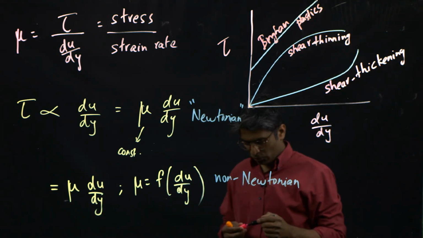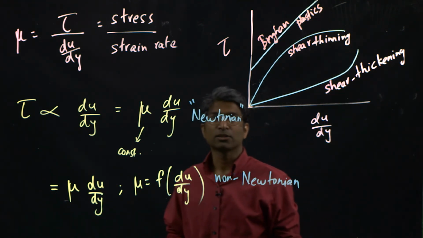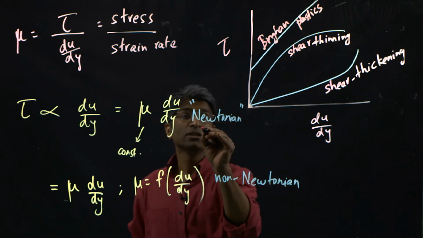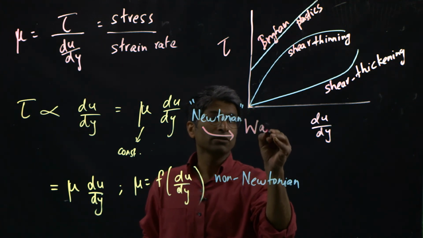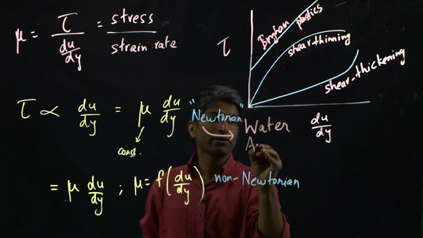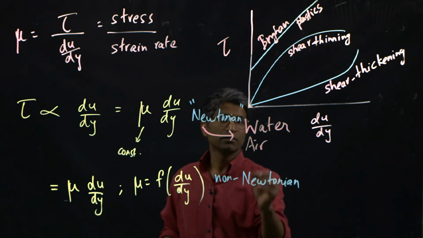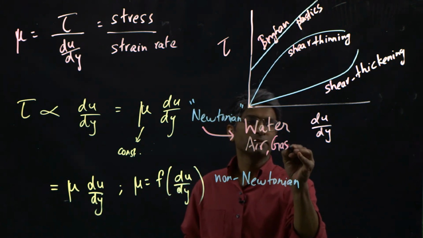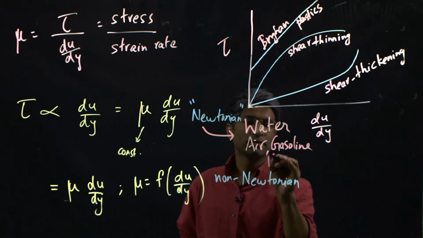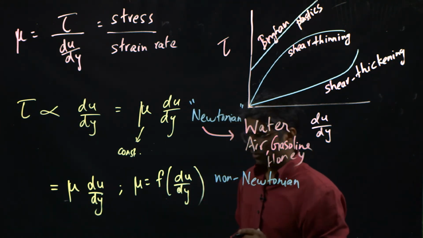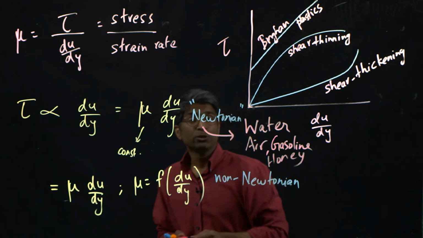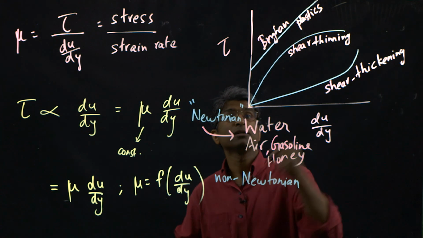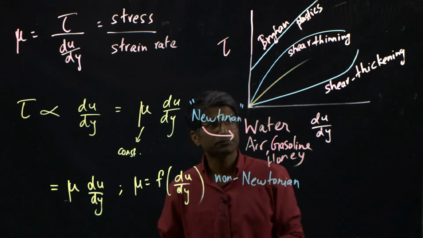The most common Newtonian fluids are the ones we encounter every day around us: water, air, gasoline, honey. These are all examples of Newtonian fluids, which exhibit just the most common behavior, which is a straight line.